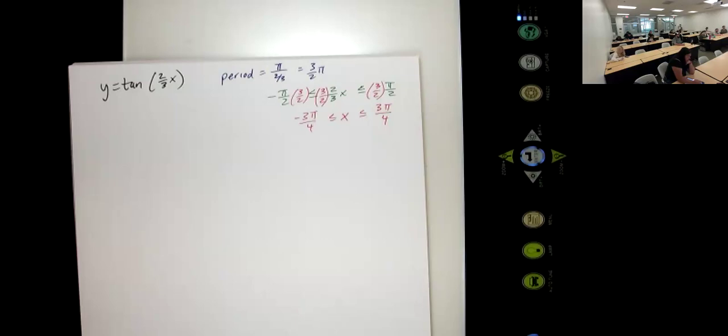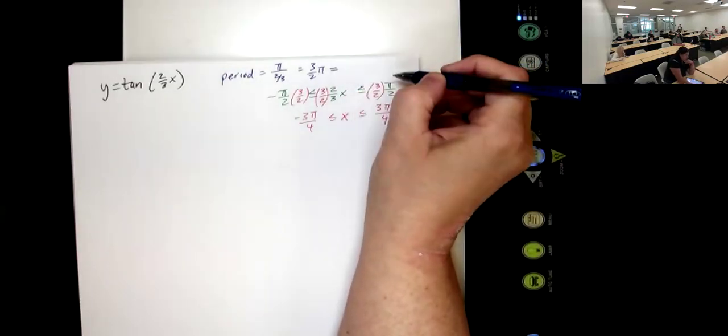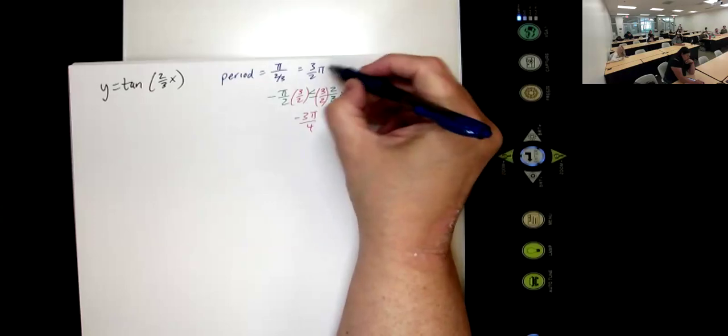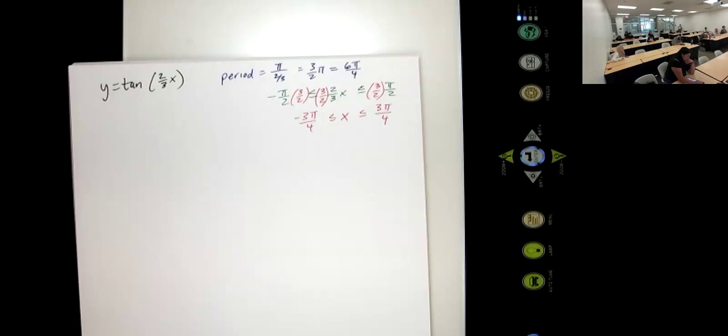Since my asymptotes are in terms of pi over 4, I'm gonna rewrite this in terms of a denominator of 4 also. If I multiply by 2 over 2, I have 6 pi over 4. That's gonna make it a little bit easier for me to do the repetitions on tangent.